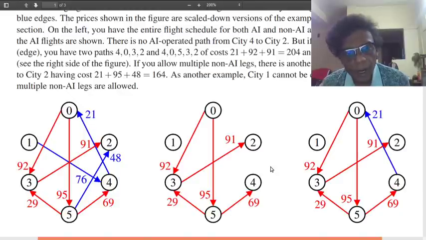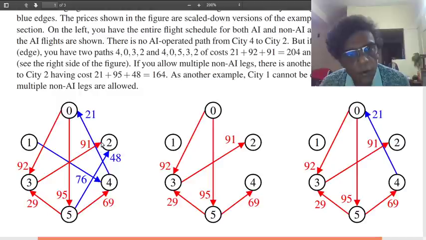And in the final part, you are allowed to use any number of blue edges, provided again that a route like 4 to 2 does not have an AI-only service. So in the third part, if 4 to 2 is not serviced, I can do something like this.